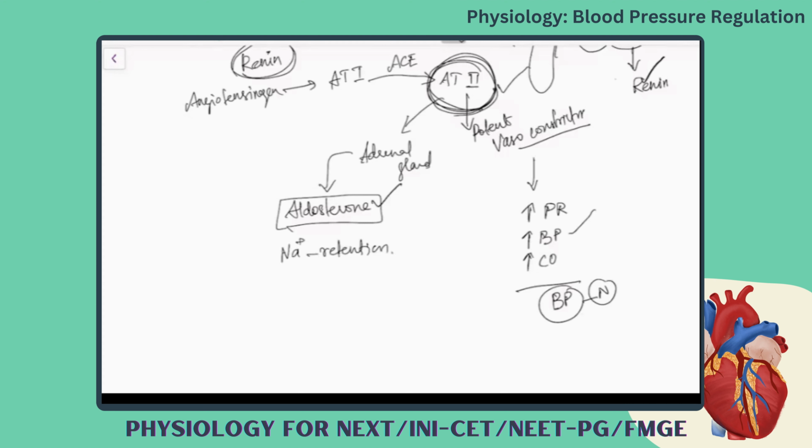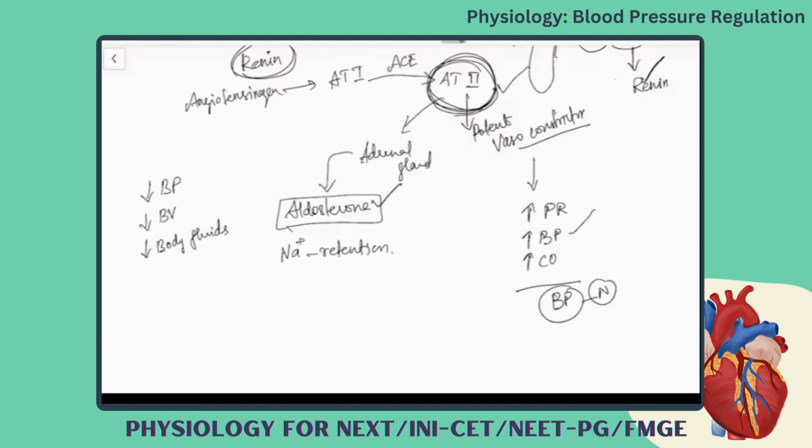So what is this aldosterone going to do? How is it going to regain the blood pressure to the normal level? If there is low blood pressure, it means low blood volume. Yes or no? So a decrease in the blood volume and a decrease in the body fluids.